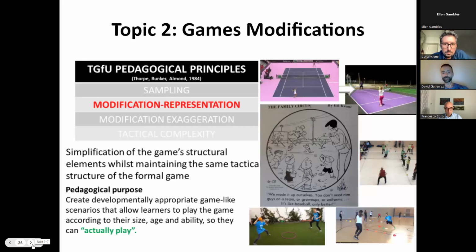So those contexts are much easier to play, to really play for kids, and by doing that, really learning the tactical problems and by practicing to master the full game. So next slide, please.